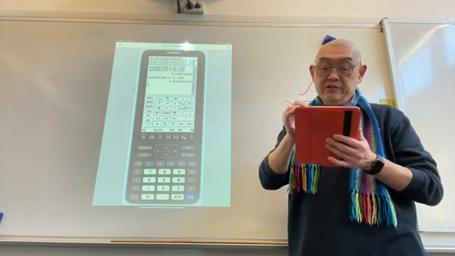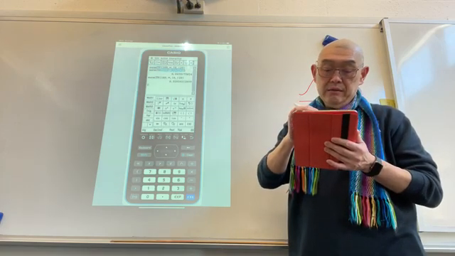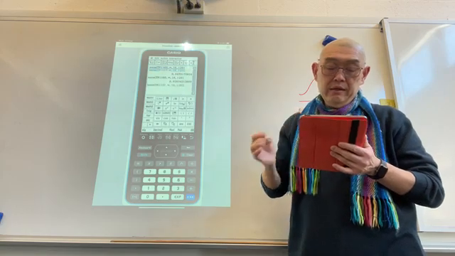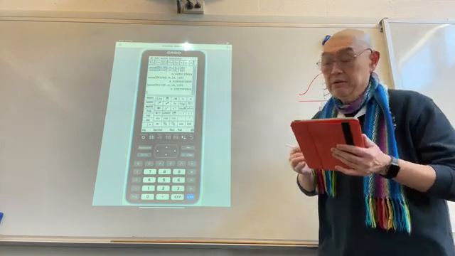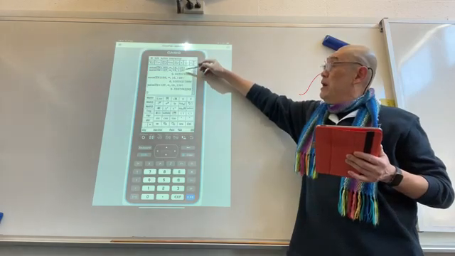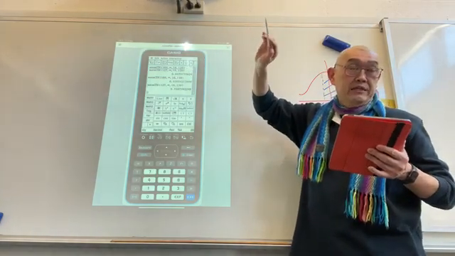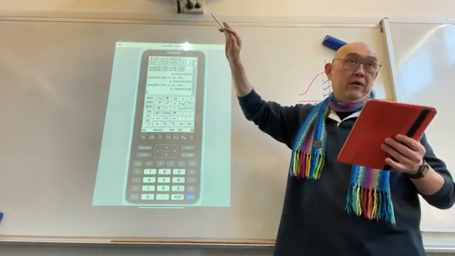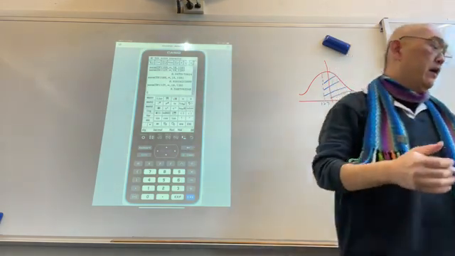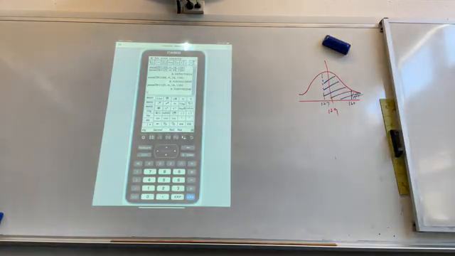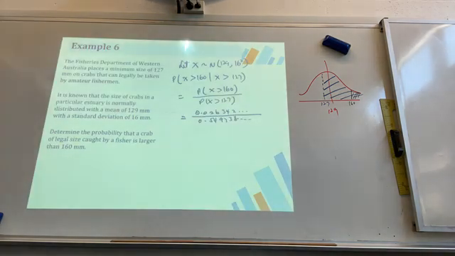It's up to you how you want to do it. I like it this way, although you've got to make sure that it says invalid syntax. Ignore that, and then put in the denominator. Therefore you get an answer of 0.524.